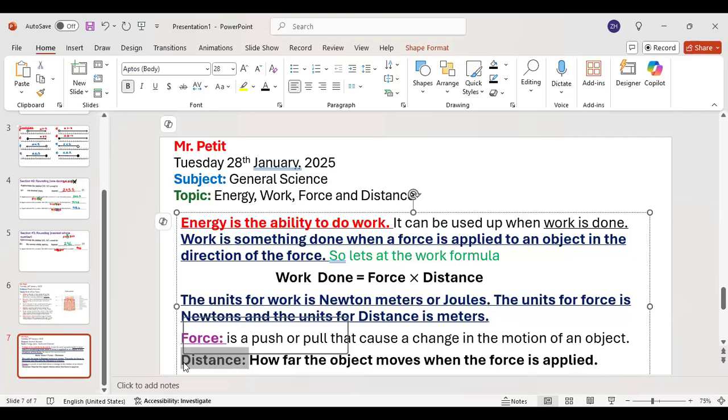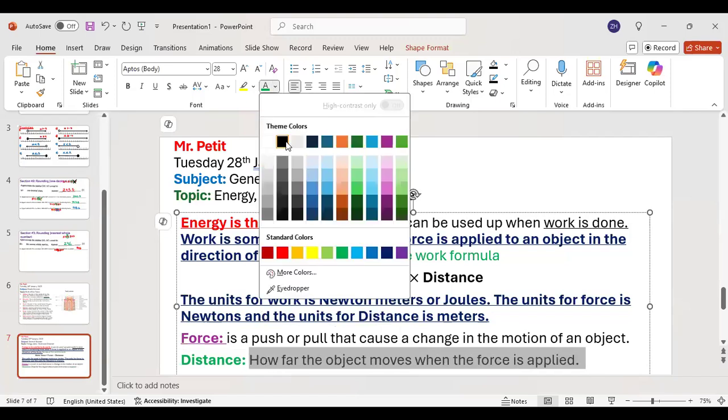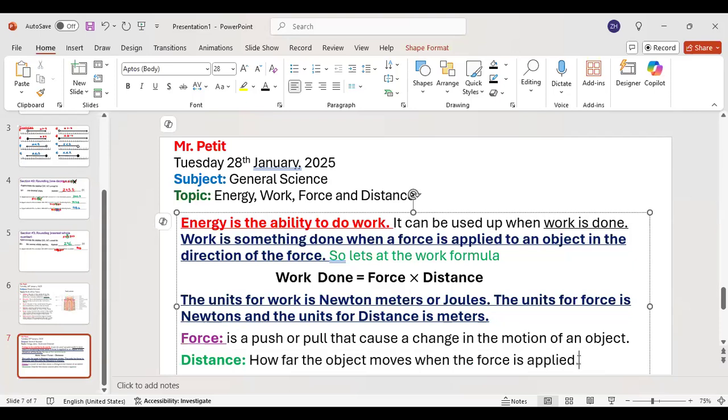So the distance is how far the object moves when the force is applied. That's the distance. So the object has to move in the direction of the force. Otherwise, no work has been done.